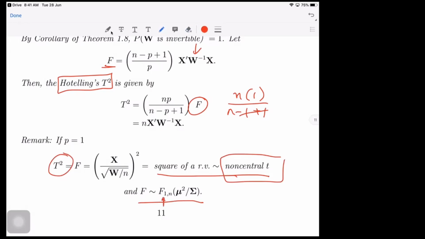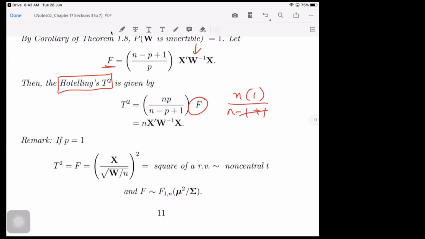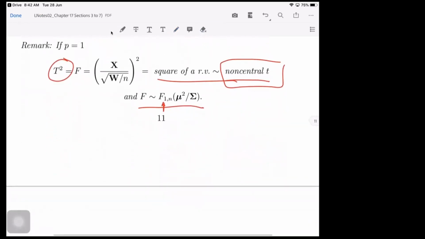So the special case of f when p is equal to 1 becomes a non-central t distribution. In general, the generalized version where p is greater than 1 will be an f.